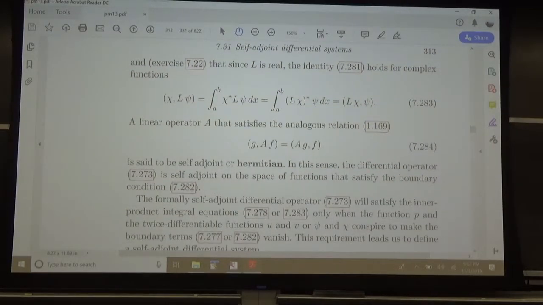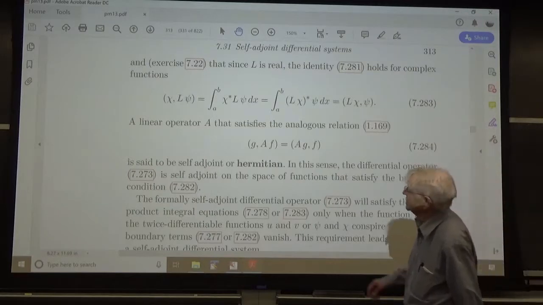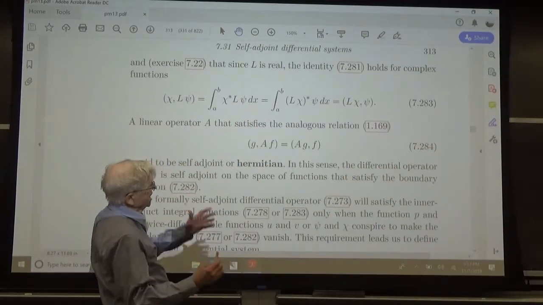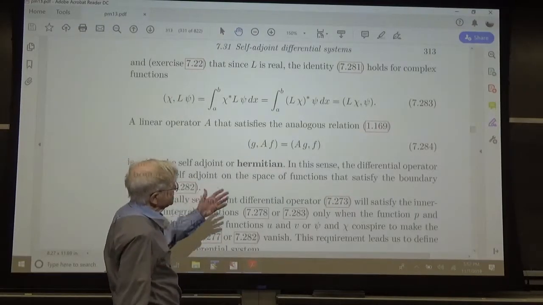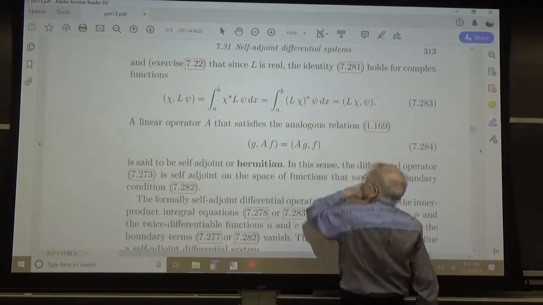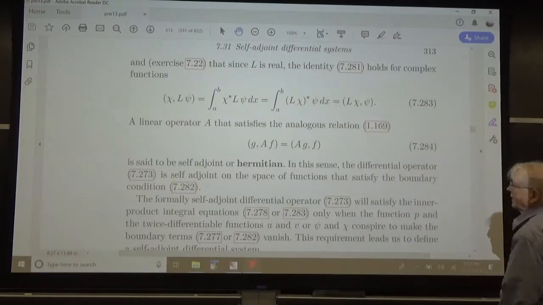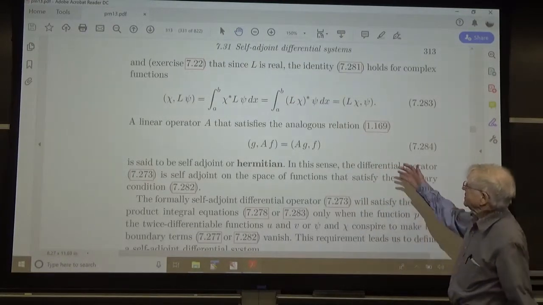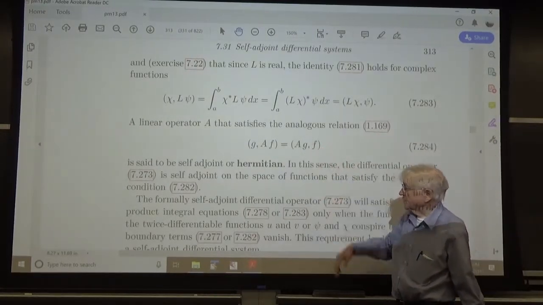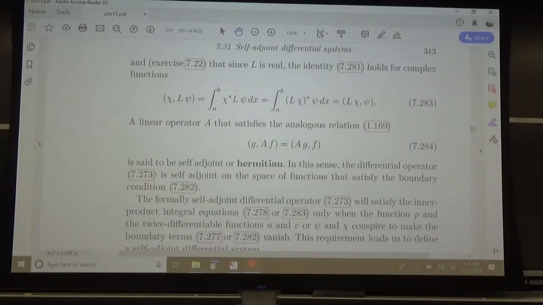And then Green's identity takes the form (chi, L psi), which is chi star now, L psi, is equal to (L chi, psi) integrated dx. And so in Dirac notation, we write it that way. And the linear operator that satisfies the analogous algebraic relation, matrix relation, is said to be self-adjoint or Hermitian.